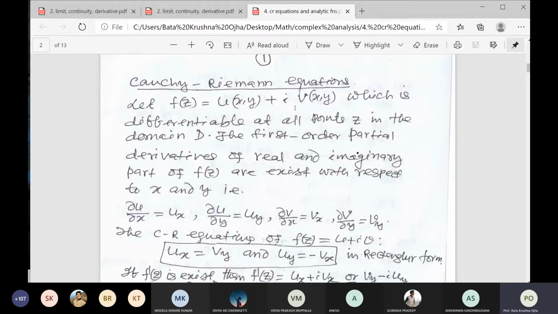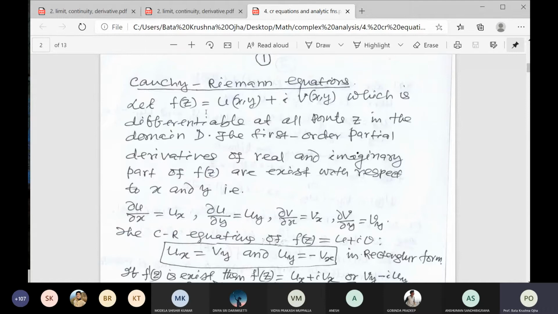So this function is defined for all z in the domain D, and we claim the first order partial derivatives of u and v, the real and imaginary parts of the function f(z), also exist in that domain D. You know derivative, total derivative and partial derivative.